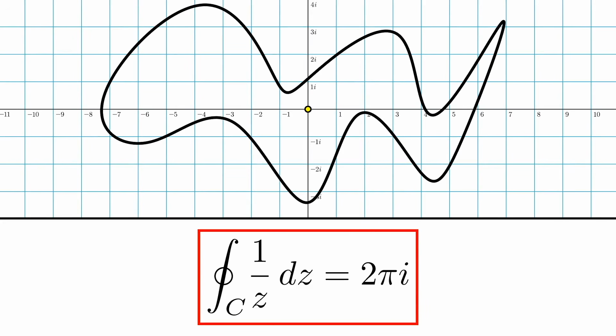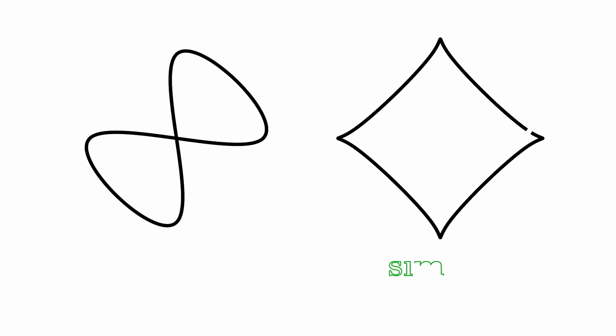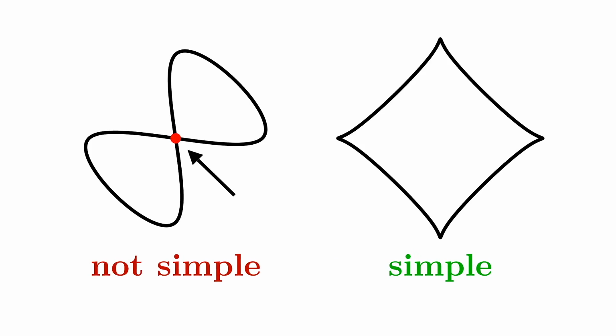To be slightly more precise in stating this, I want to make a distinction between closed curves, which are just curves that start and end at the same point, and simple closed curves, which have the additional requirement that they never intersect themselves. For the purposes of defining and talking about the integrals we've been doing, whether the curve intersects itself or not is irrelevant.